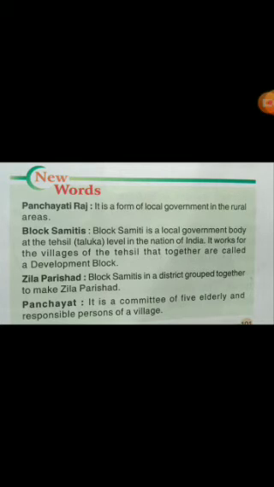The next one is that it has brought the government and the people closer to each other. That means if the people are facing some difficulties, they can approach the village panchayat to get a solution for their problems. For example, right now we are facing the coronavirus pandemic, and the central government is providing food for the poor people.